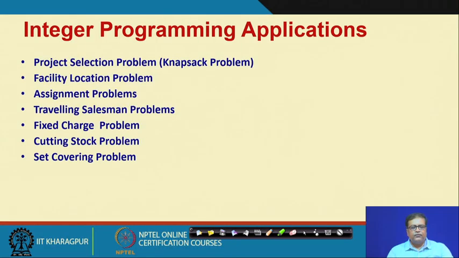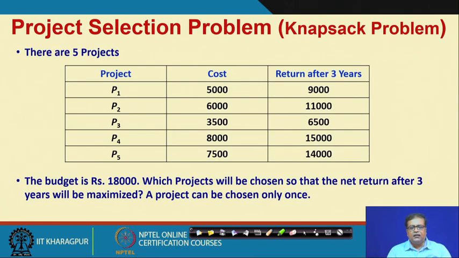So, to begin with, we discussed these types of problems: project selection problems, facility location problems, assignment problems, traveling salesman problem, fixed charge problem, cutting stock problem, set covering problems, and so on. Let us take the project selection problem, which is like a knapsack problem.